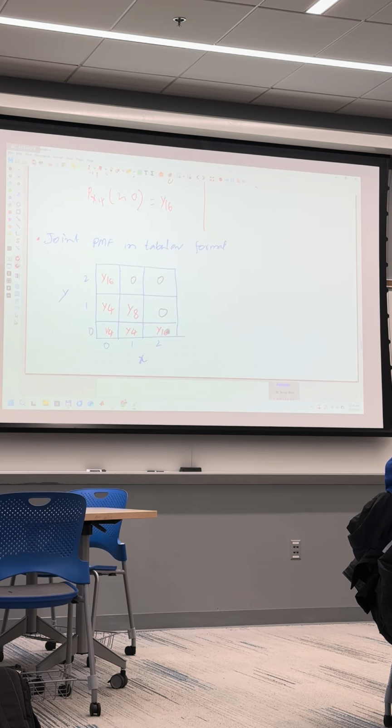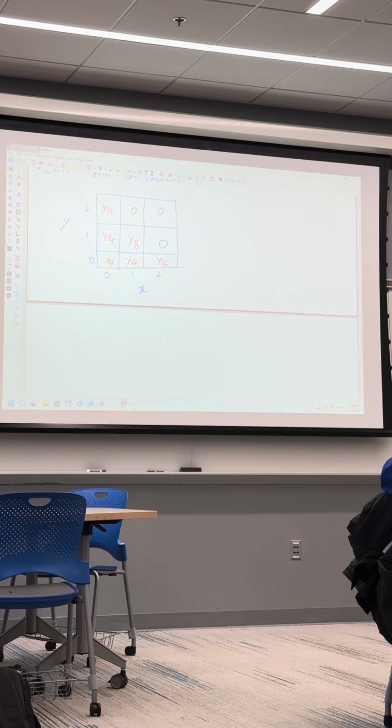In three-dimensional space, in 3D, the joint PMF.